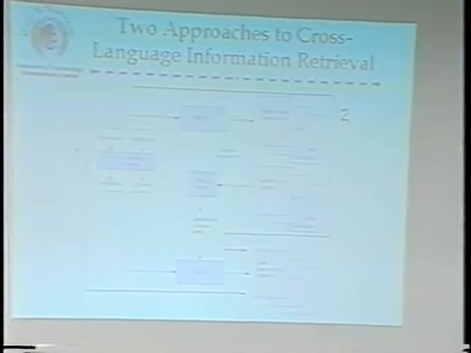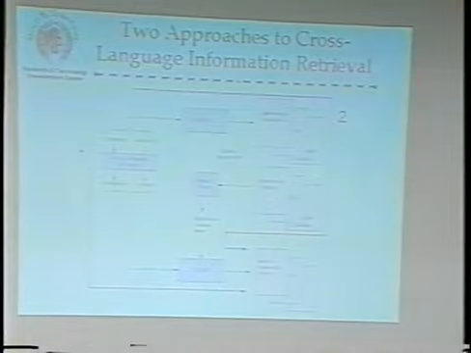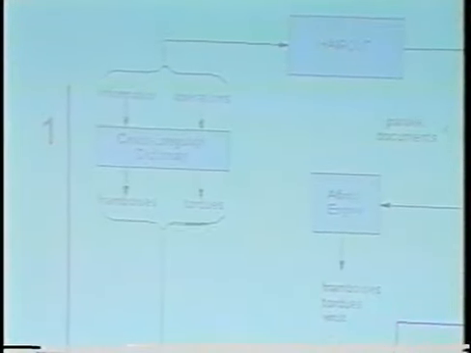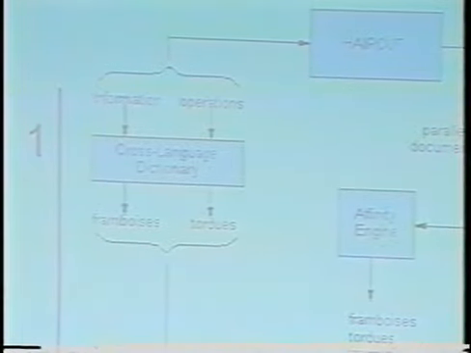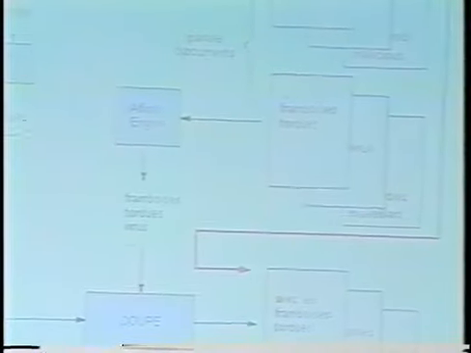There is the traditional way for doing cross-language retrieval, and the way that I just described is you have a query. Information operations, for those of you, I live at APL, and APL has a lot of Navy sponsors, and so you have to sort of throw around military terms to sound good. So information operations is a military term for what the press at large calls hacking, okay, which we know is not hacking, is cracking.